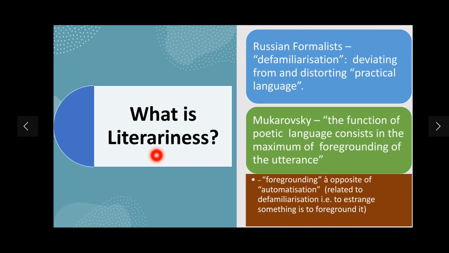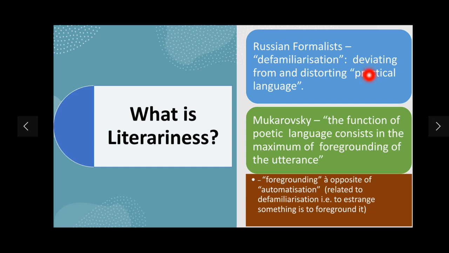Similarly, there may be deviation in the form of phonology, what we call phonological deviation. There may be morphological deviation, syntactic deviation, and graphological deviation. We will explain all these deviations in coming slides.